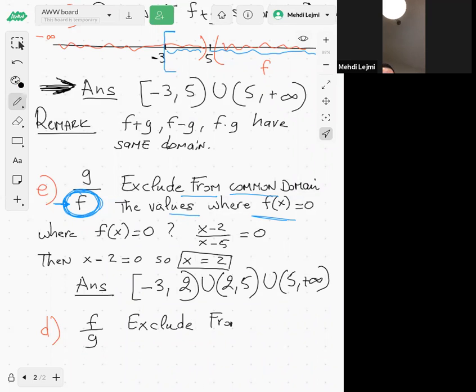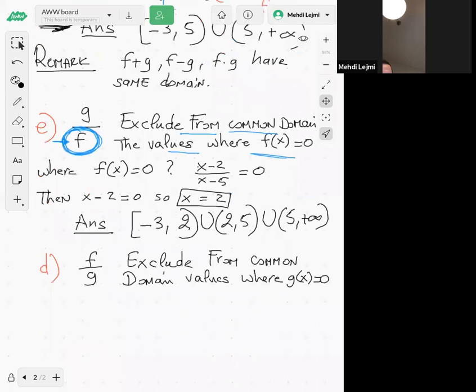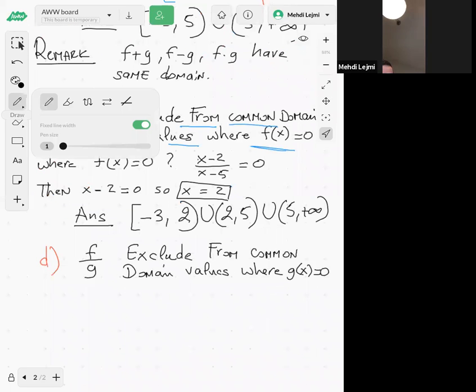Yes, I'm going to exclude the negative 5 from the common domain, the values where G is 0. So the question is now where G of X is 0.